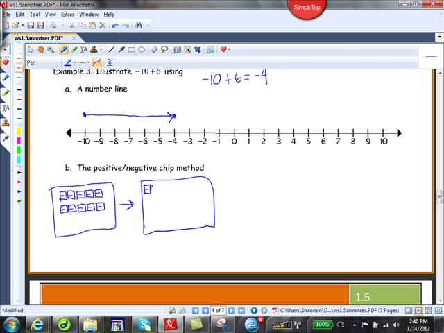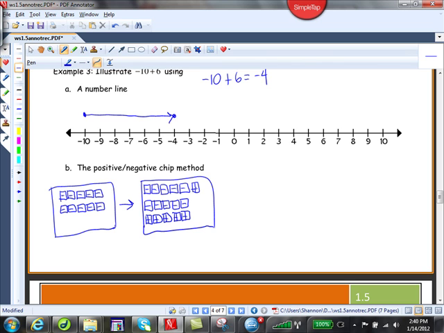And I guess you could do this in one box. It just depends. I just got used to separating them. 1, 2, 3, 4, 5, 6, 7, 8, 9, 10. That's our negative 10. Now we want to put in 6 positives. And I'll put one more positive here.